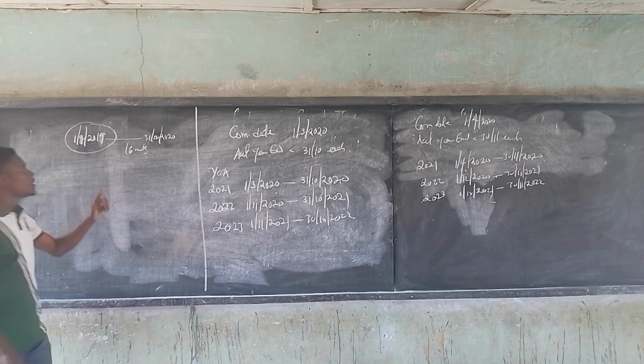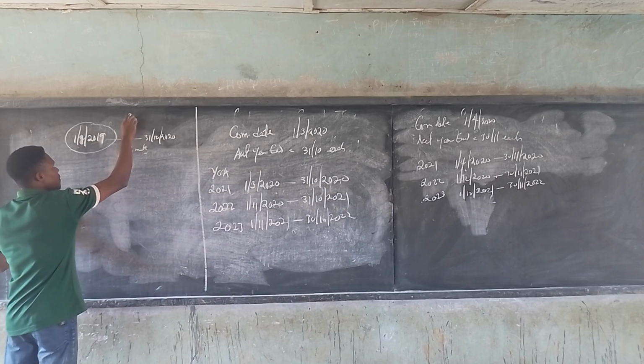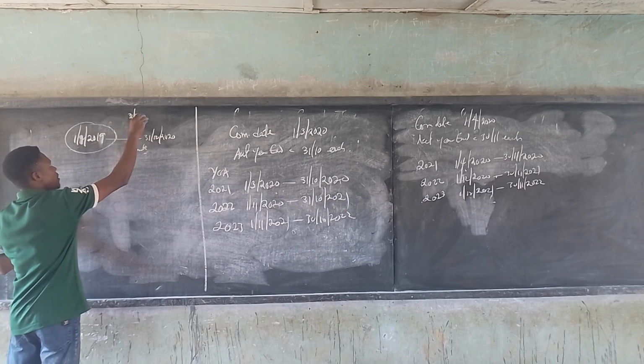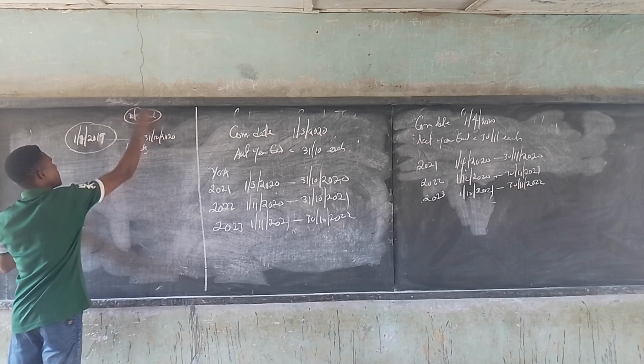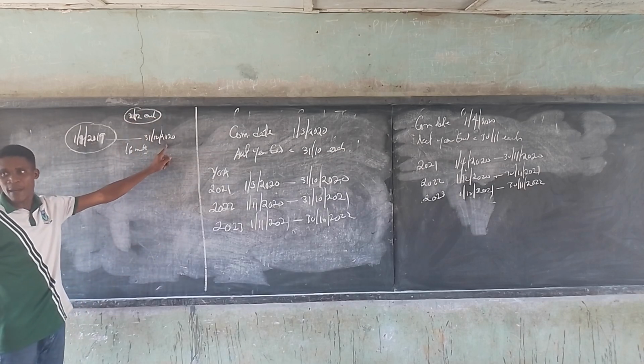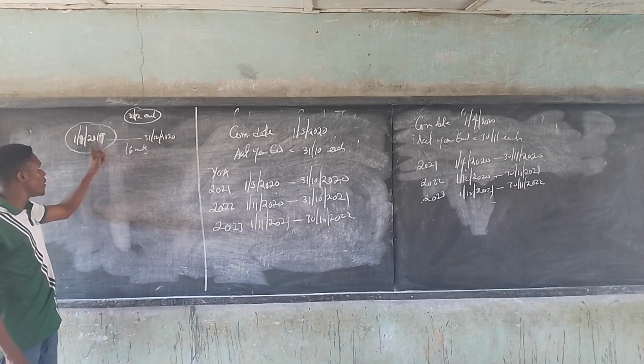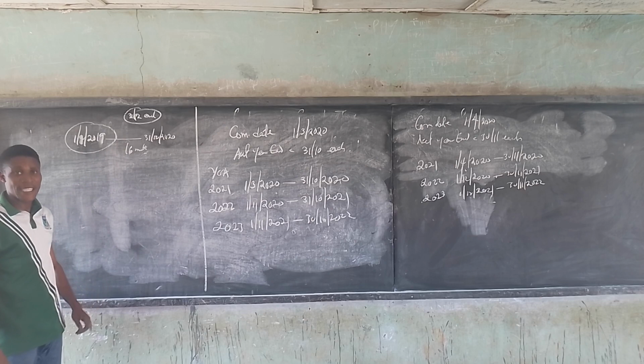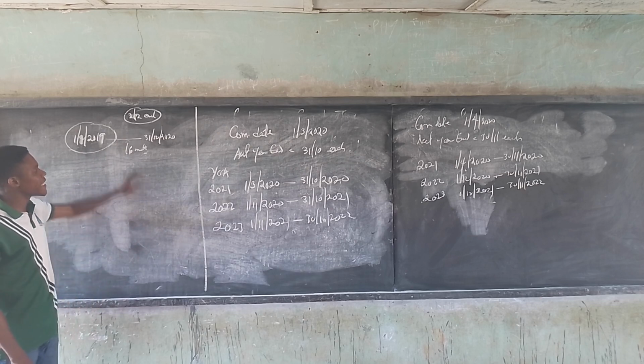Don't forget that the accounting year is December each year. That means before this December, there is a December of 2019.